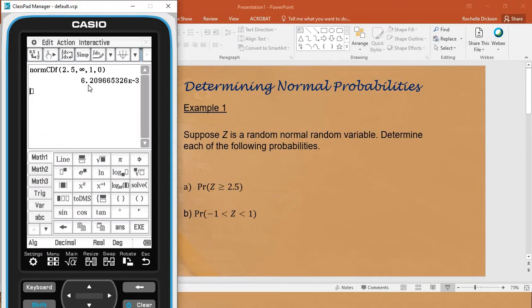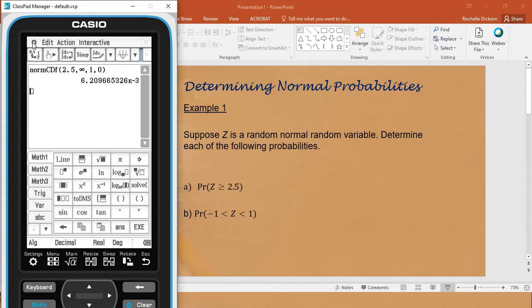Now if you see an answer like this, remember that our probabilities always have to be between 0 and 1. E to the power of negative 3, this is currently in scientific notation. E to the power of negative 3 means I'm moving this decimal place 3 times to the left. If it was E to the power of positive 3, I'd be moving my decimal point 3 times to the right.